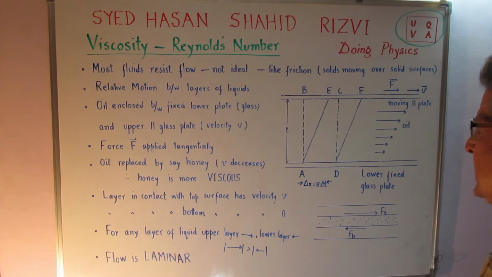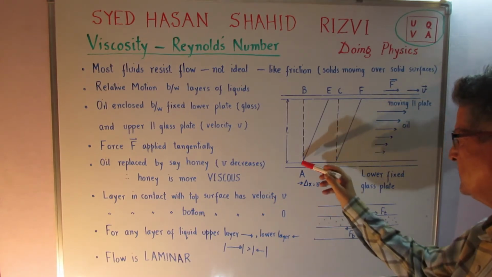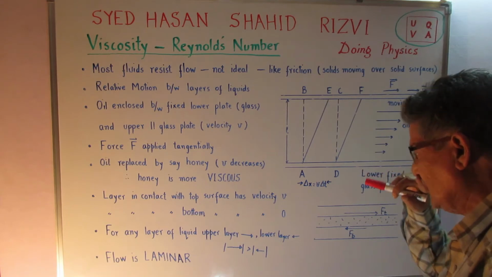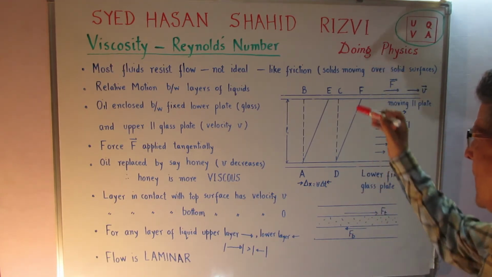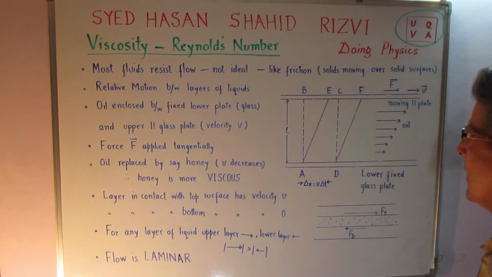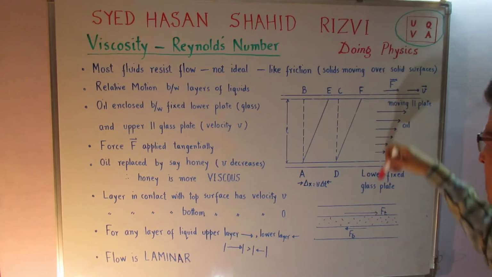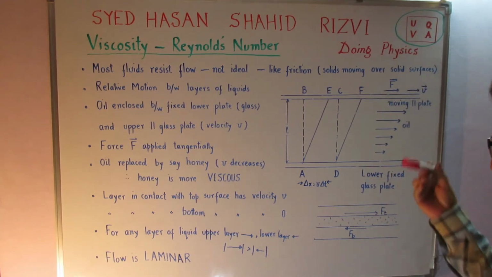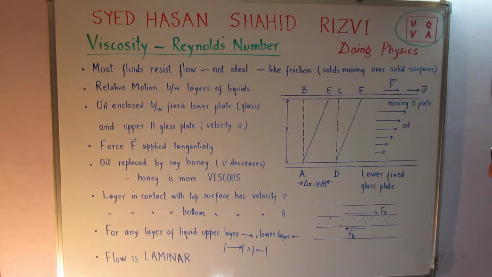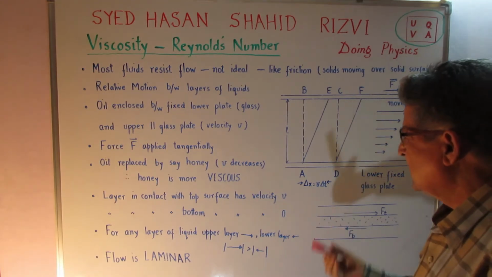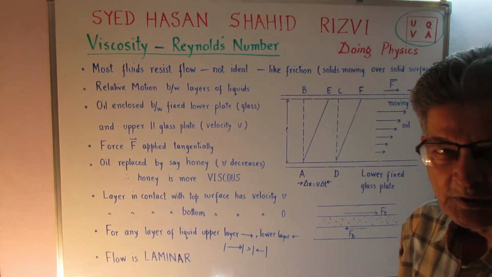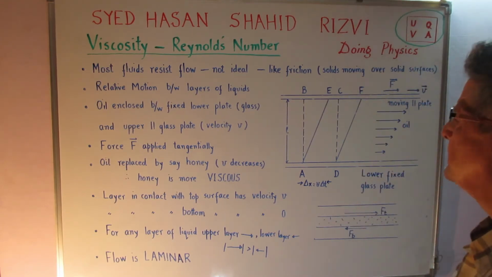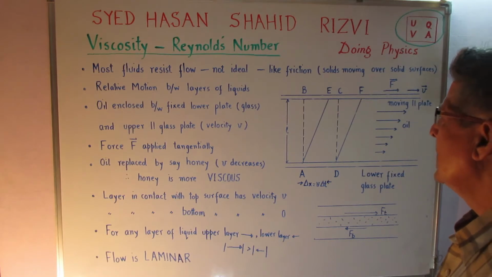Initially, I'm just taking a small volume of the oil film, which is in contact between these two layers. It may be something like 0.1 to 0.5 millimeters in thickness. So it's very thin.